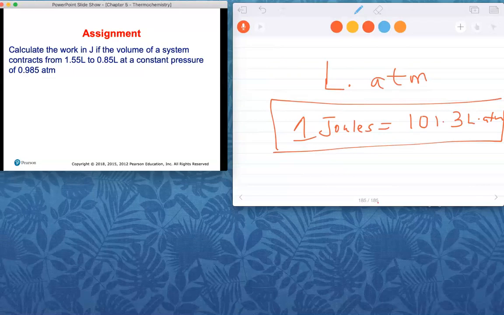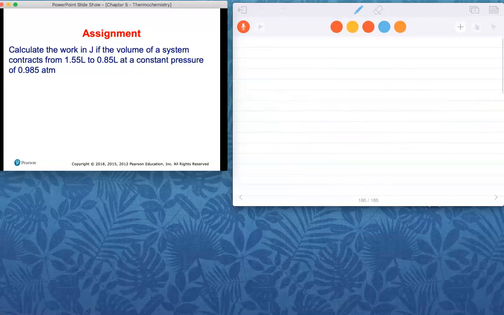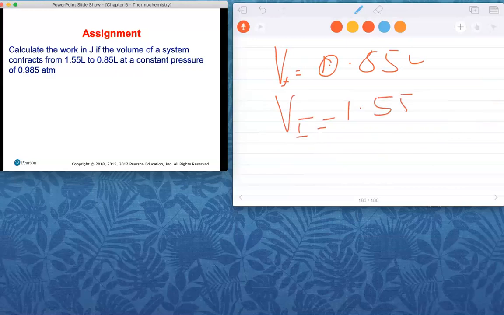For example, my last example on the slide: calculate the work in joules of a system which contracts from an initial to a final volume. V final equals 0.85 liters, V initial equals 1.55 liters. So we don't need to change the volume to liters.